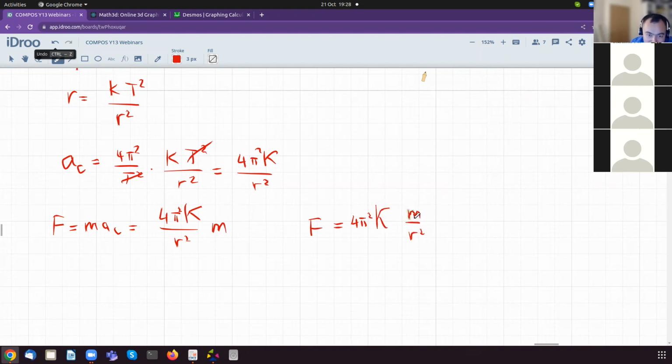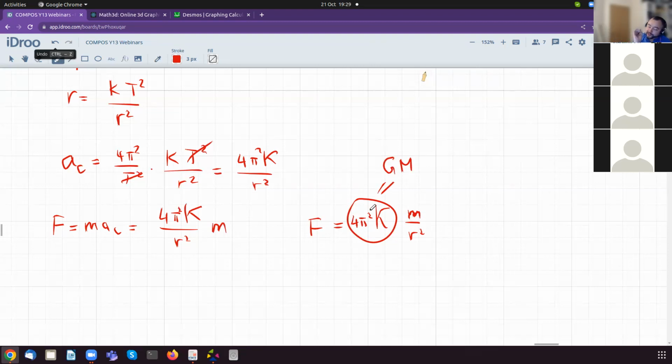So the force on a planet is a constant times the mass of the planet divided by the radius of the orbit squared. This is a constant which is the same for each planet, so it depends on the sun. This constant is actually, as Newton later discovered, GM.